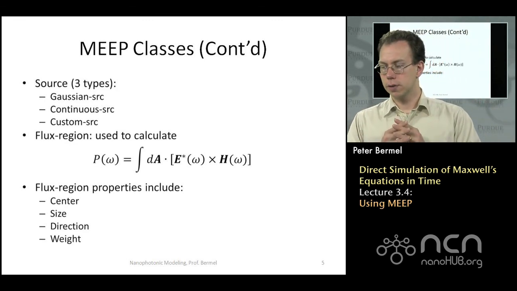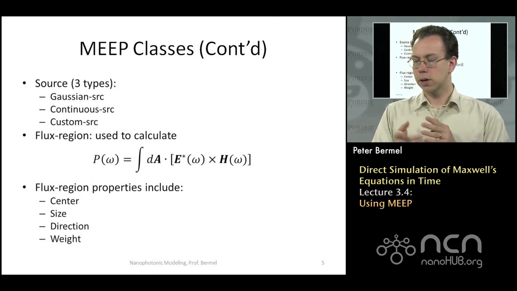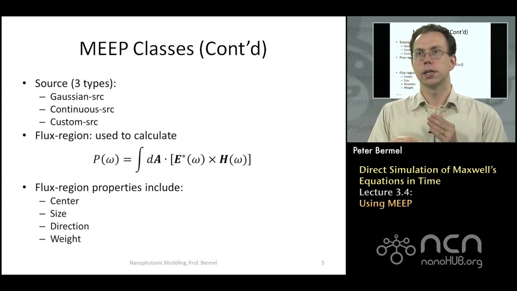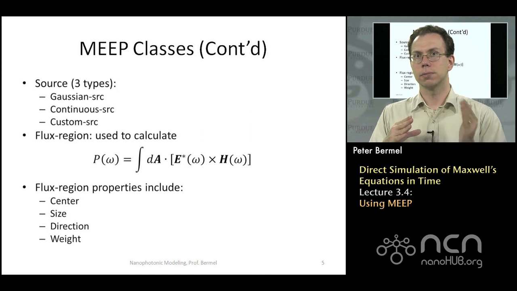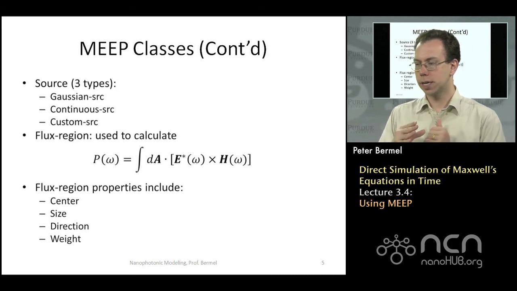And it's also well known that if you calculate flux through an enclosed region in space, then that also has to equal the total amount of energy that's either being added to or subtracted from a system through absorption.